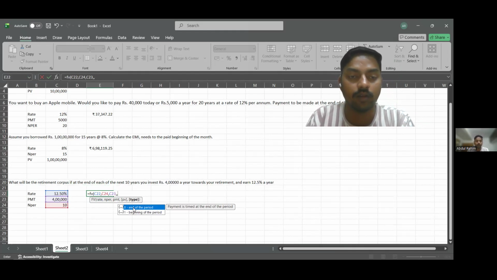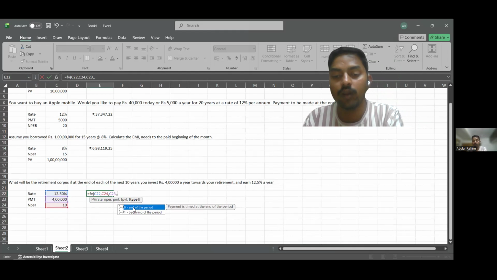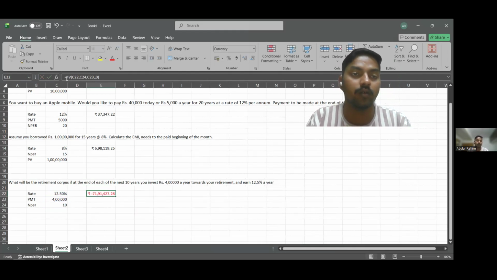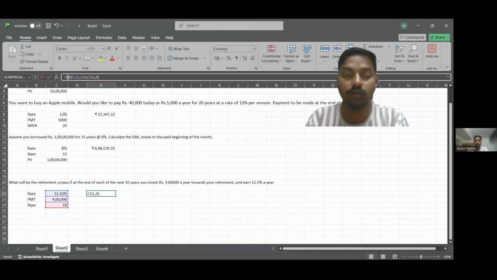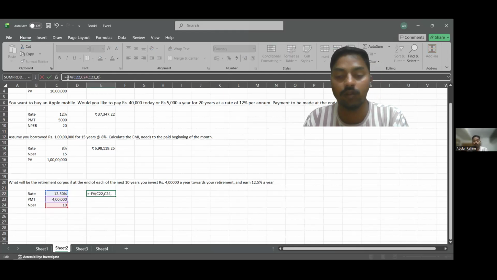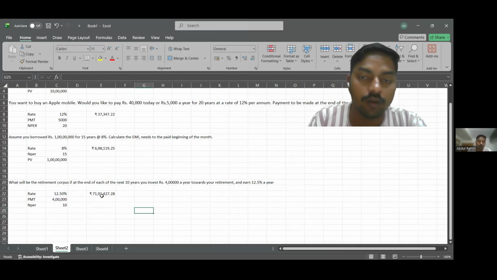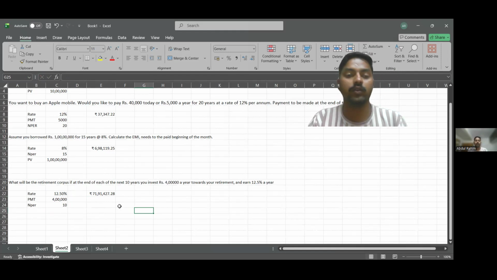So end means we can put a zero and bracket. We need to put a negative sign because PMT is always negative. So at the end of 10 years, we got 71,91,427 rupees.